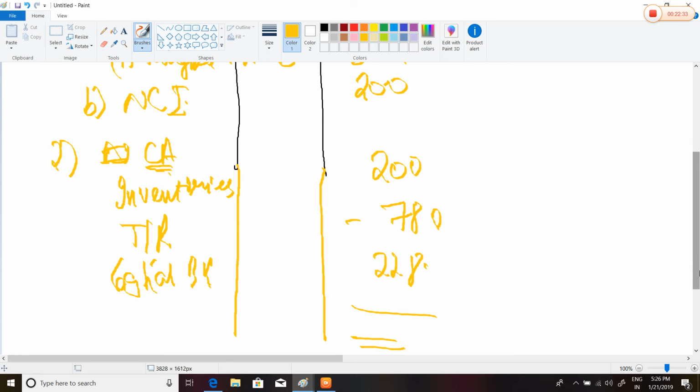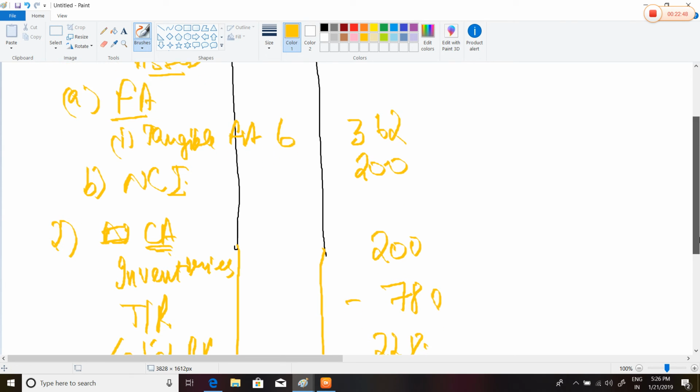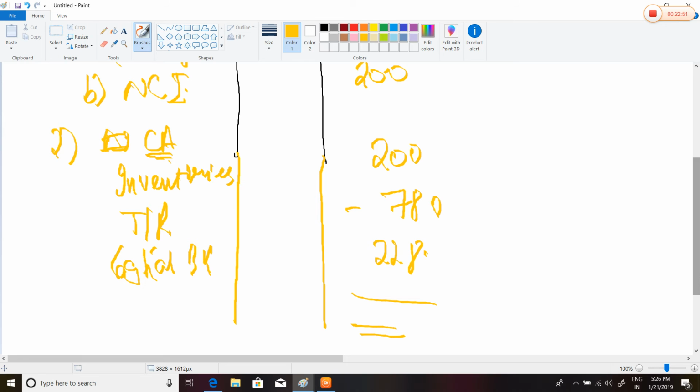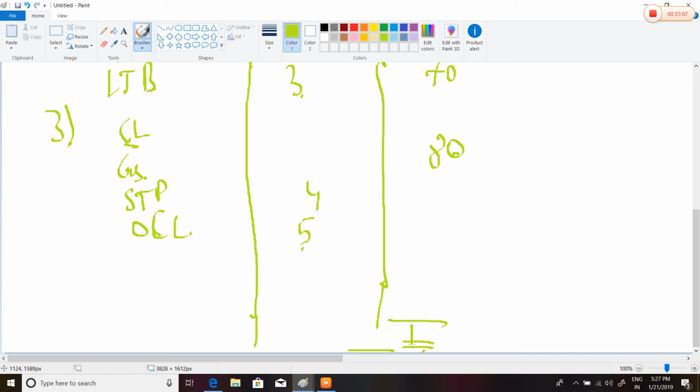What's the total? 362 plus 200 plus 200 plus 780 plus 228 is 1770. Did everyone get the same? Then obviously the liability side should also be 1770.